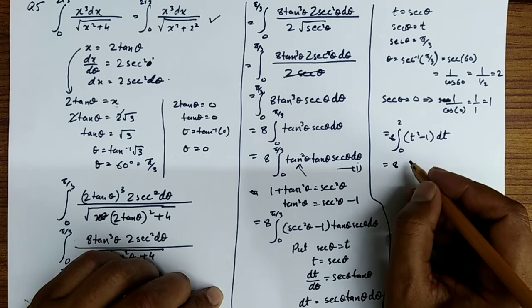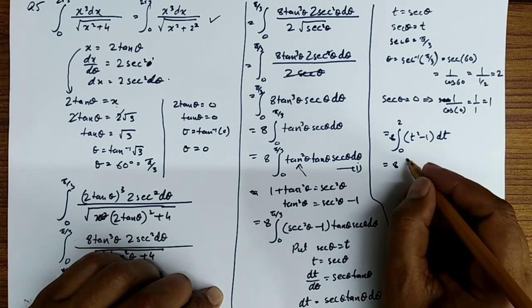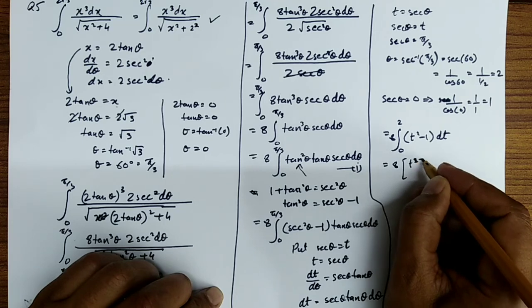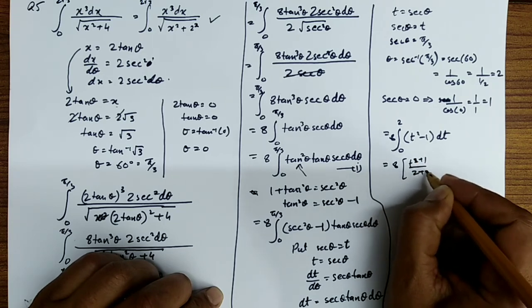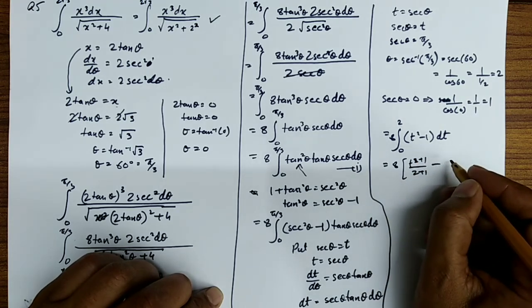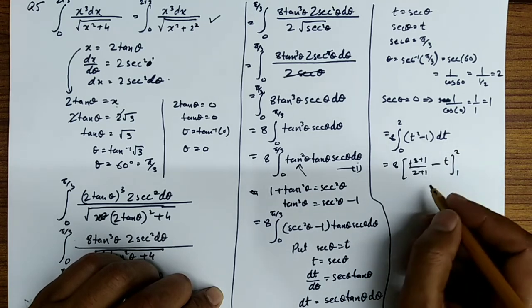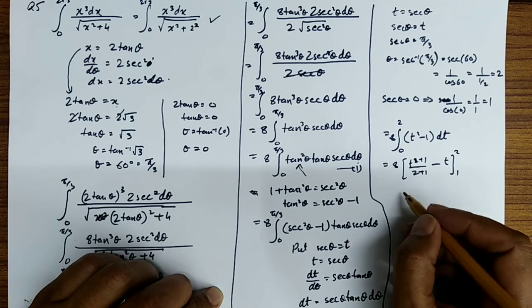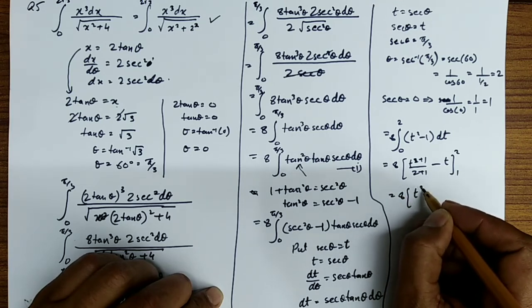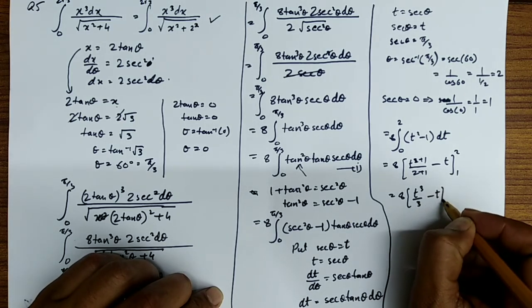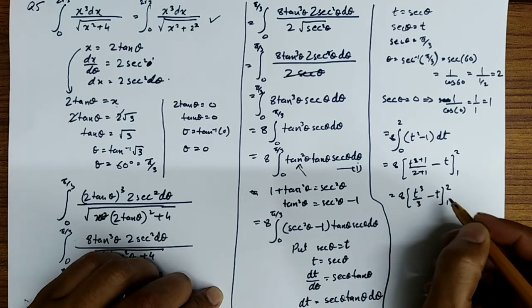Now finding the integral, the limits are here. Just substitute these limits and we have t cube upon 3 minus t, from 2 to 1.